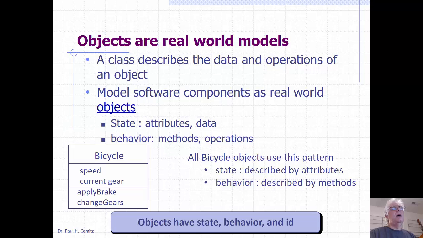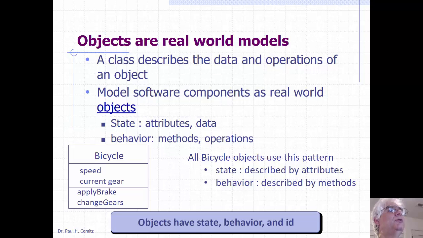So here's an example, and we'll look at a bunch of examples here. Here's an example of a bicycle class. And this square box that you see is loosely based on what's referred to as a UML, Unified Modeling Language, class diagram. The class name goes in the top, so this is the bicycle class.